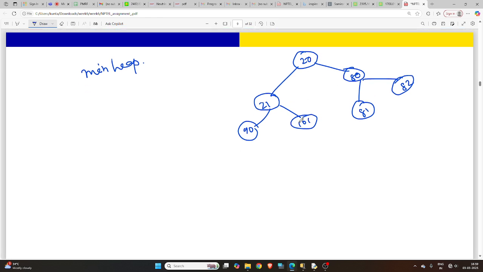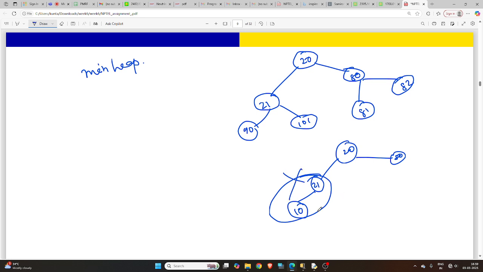But for this case, if I write here 20, and then there is 21, and here we can write 80, but here it is like 10, this will not satisfy the min heap condition. But here as well, 81 and 82, these two are fine.